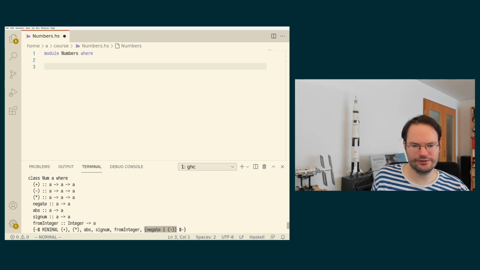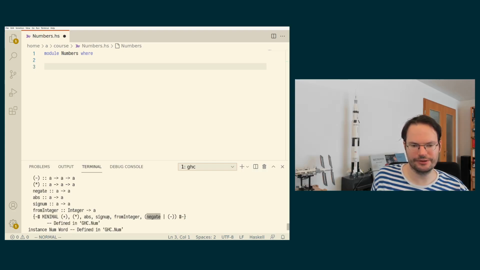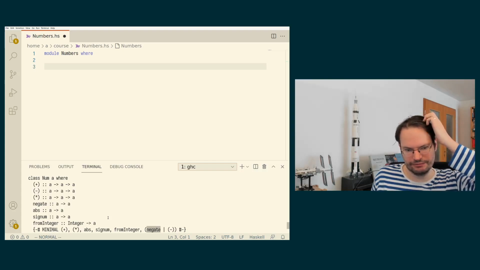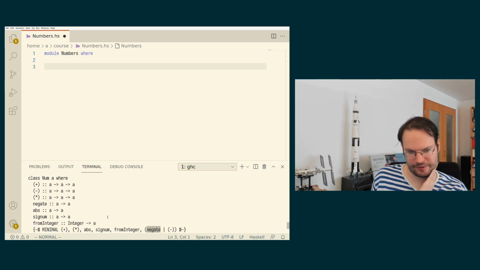Conceptually, if we define negate, then we can define minus as an addition with the negated second number. And if we define minus, then we can define negate as 0 minus the other number. But we have to give one of the two. In general, Num instances are rarely defined for new types, but it is possible. And it's one of the interesting things in Haskell that you can define your own number types or number-like types.